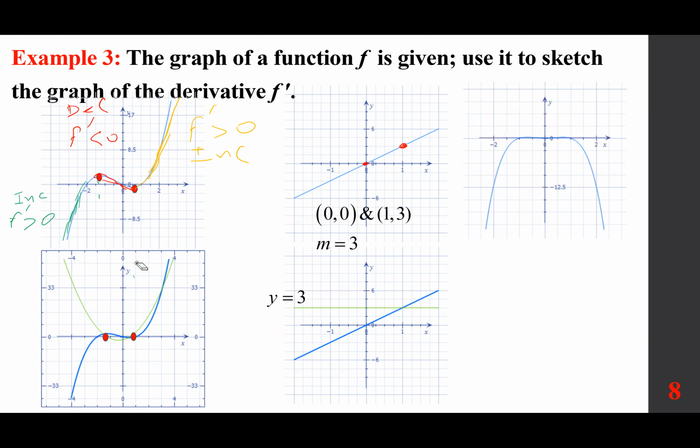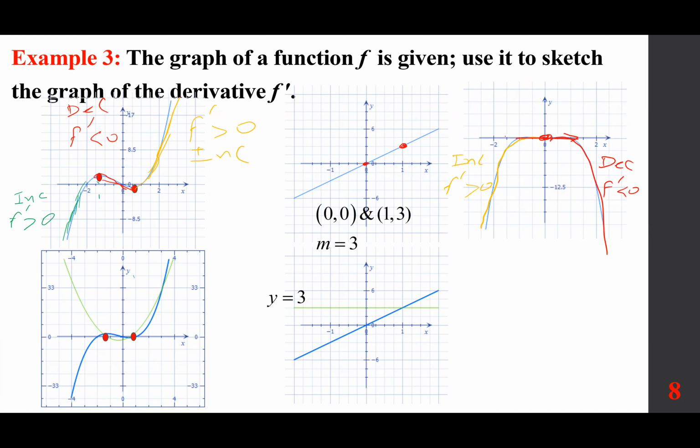Here's another example. So take a look. What do we notice? This portion increasing, f prime is positive, so above the x-axis, this portion is decreasing, f prime is negative below the x-axis.